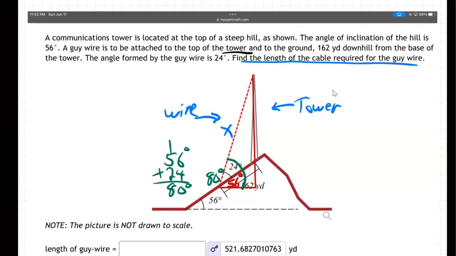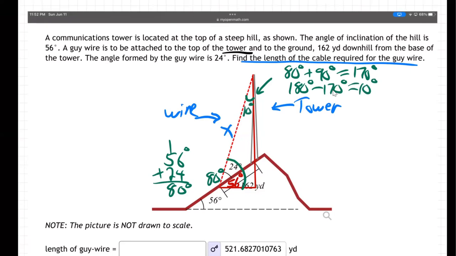Well, I know this is 90, and every triangle holds 180. So now I can get this angle up here, right? Because 80 degrees plus 90 degrees is 170, and the whole triangle holds 180. So take away from 180, this angle up here must be 10 degrees.